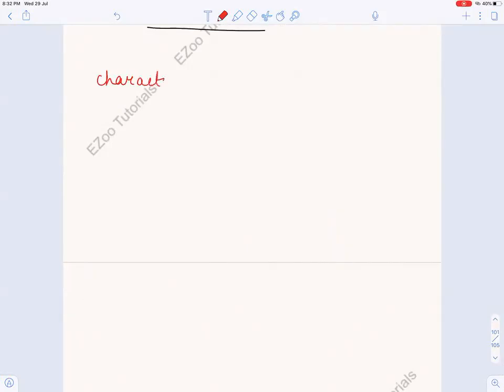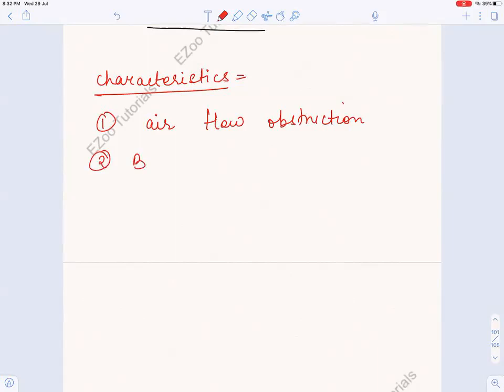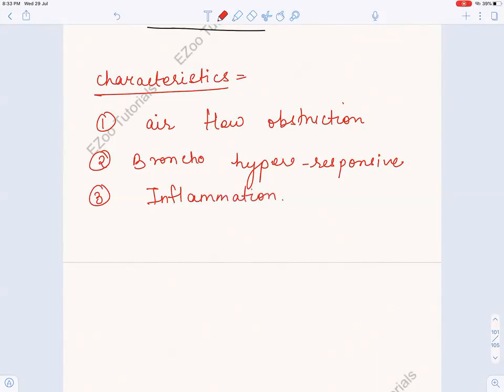Okay, so I hope you are enjoying this session, and now let's see what are the characteristics of asthma. So one thing, there is airflow obstruction, and the bronchus becomes hyper responsive, and then there is inflammation. But there is a difference between inflammation and contraction.